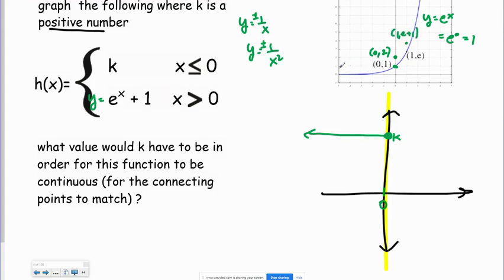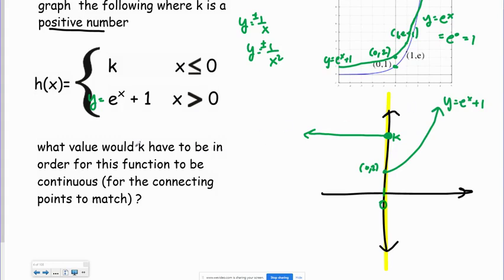And so my new function looks something like this. Everything is shifted up by 1. So this is my y equals e to the x plus 1. But I'm only interested in this right side where x is greater than 0. So I'm going to plot this 0, 2 here, and sketch in what y equals e to the x plus 1 looks like to the right of x equals 0.